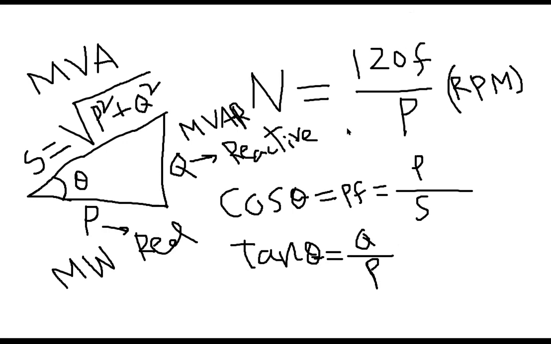So everybody, just draw this power triangle in your note and designate these symbols, and you need n equal to 120 f over p. From here you will get the revolutions per minute for the generator. Then you are fine. Could you follow me? Yes, Dr. Ali. Okay, very good. So now I am going back to that slide.